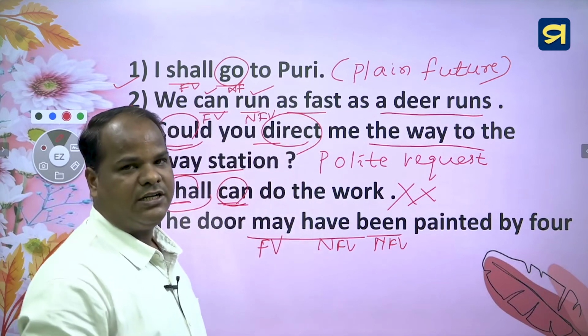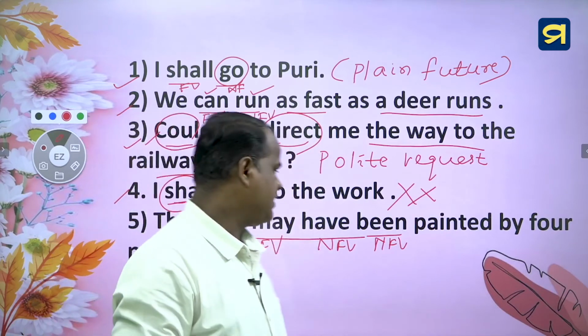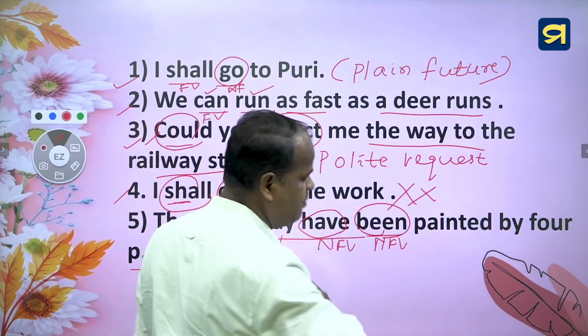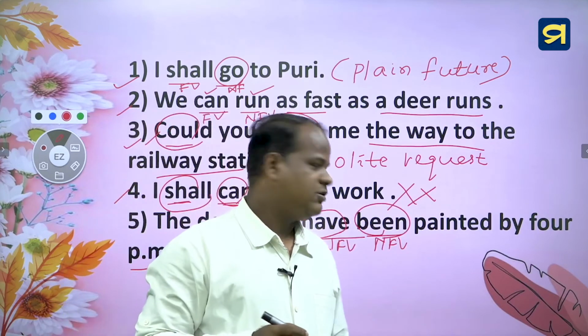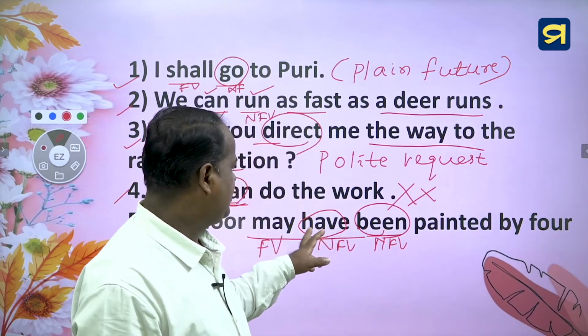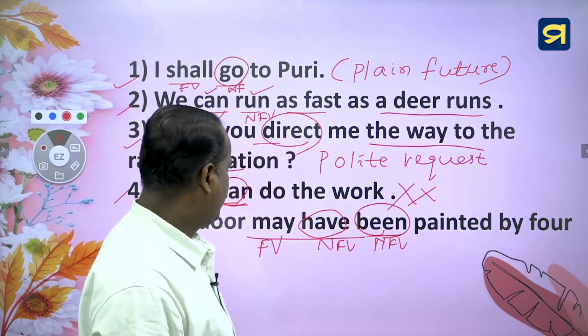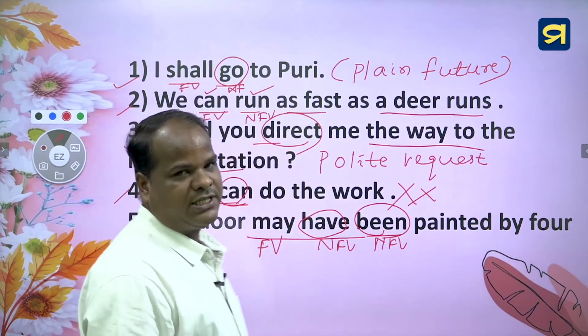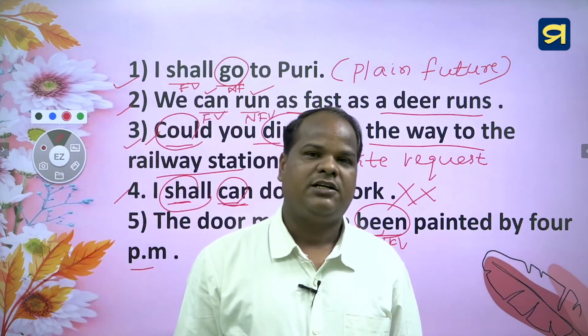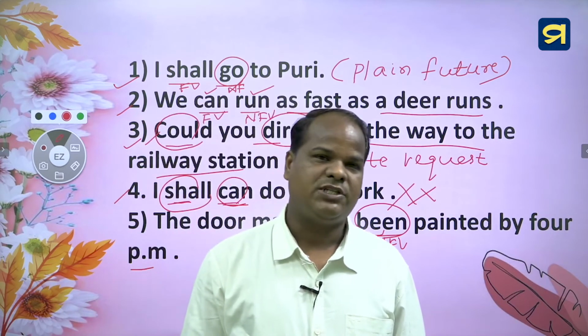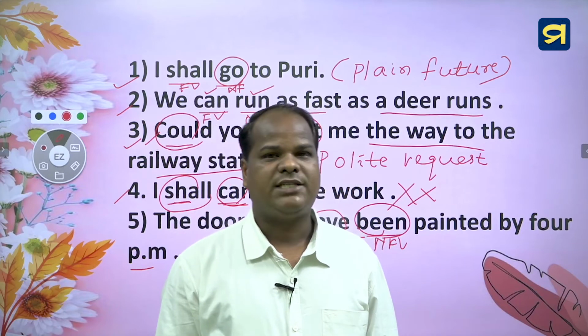Dear children, in our previous class we discussed that have and been are known as primary auxiliary verbs. So here we can see two primary auxiliary verbs used in a simple sentence together. So in this lesson we came to know that two primary auxiliary verbs can be used together in a simple sentence, but two modals cannot be used.